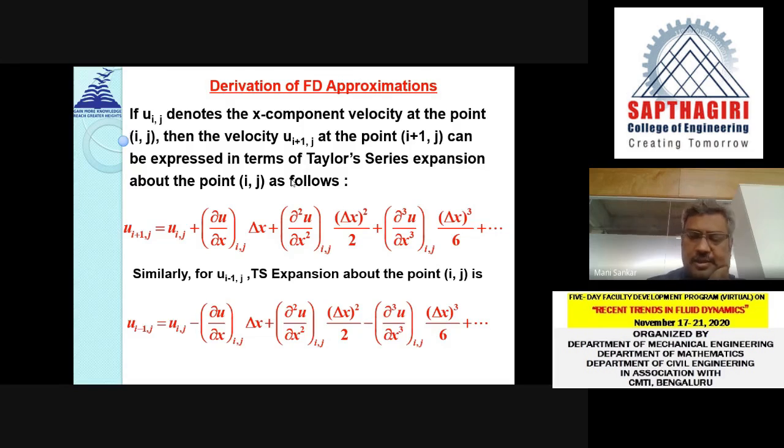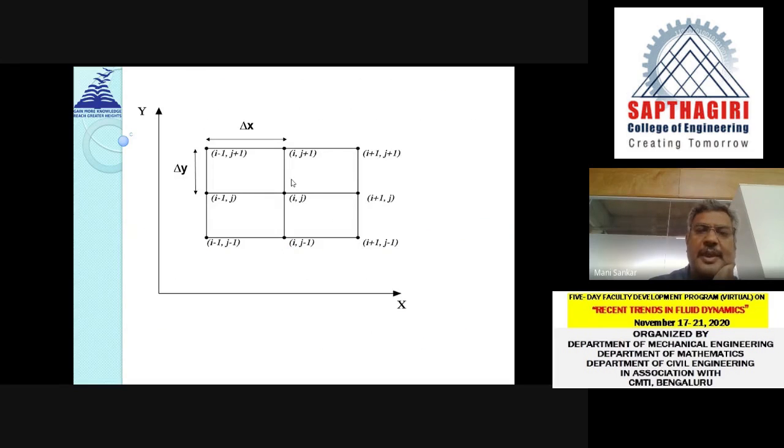The main thing is that if u is a function of x and y, then x and y are replaced by the indices i and j. So i stands for the x value and j stands for the y value.